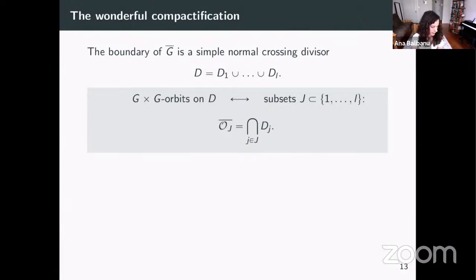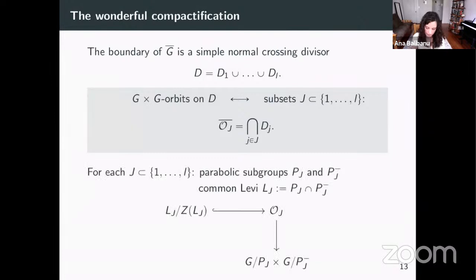And these orbit closures have a very nice geometry. So to any subset J of simple roots, I can associate some data. I have a positive parabolic subgroup and a negative parabolic subgroup and their intersection. So if you're thinking about SLN, you can think that the positive parabolic looks like a block upper triangular matrix.